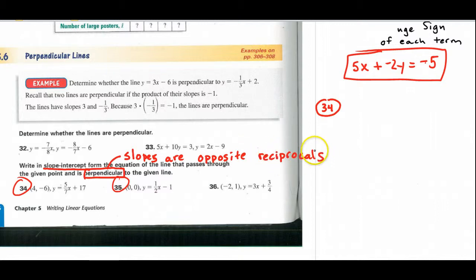So write that down. Now, in this problem, we don't need this 17 for line 1, but we need this slope. So what we need, this is line 2 right here. This line 2 passes through this point.